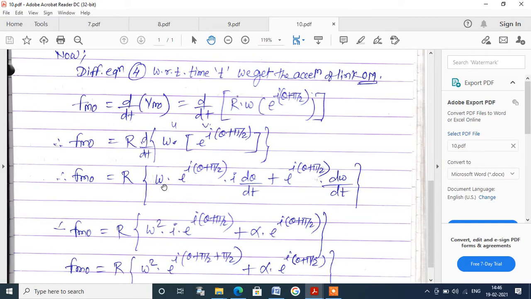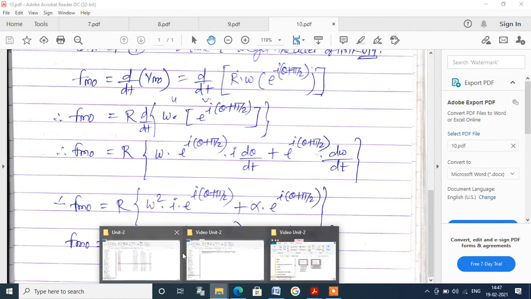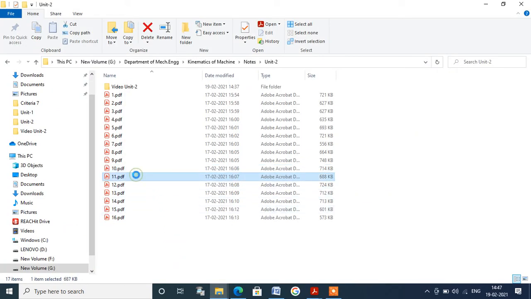So it becomes omega square i e raised to i theta plus pi by 2 plus alpha e raised to i theta plus pi by 2. i e raised to i theta plus pi by 2 can be written as e raised to i theta plus pi by 2 plus pi by 2, that is pi. So we get acceleration R in bracket omega square e raised to i theta plus pi plus alpha e raised to i theta plus pi by 2. So this way we can find out the acceleration. Okay.